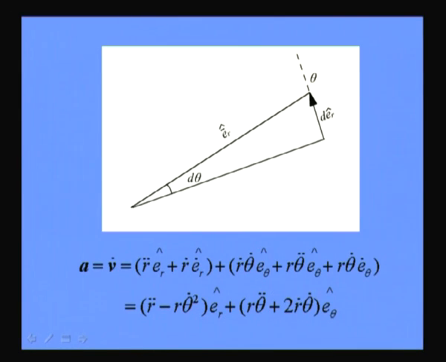Similarly, there will be tangential components. If the particle is moving with a constant angular speed, then r theta double dot will be 0, but if the particle is simultaneously moving in the radial direction, then there will be another component, that is 2 r dot theta dot e_theta.